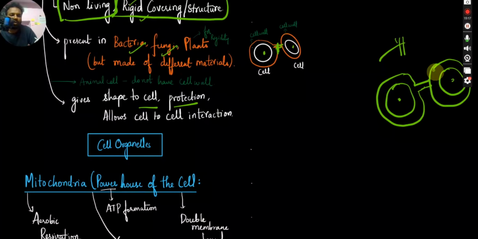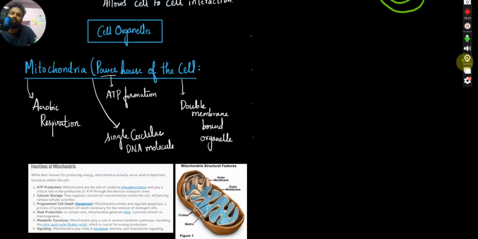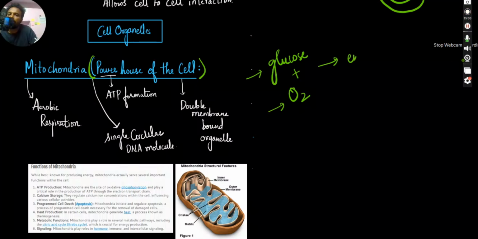Then the next cell organelle which we'll be discussing is mitochondria, which is also called the powerhouse of the cell. We'll be taking in glucose and we'll be inhaling oxygen. With that, what happens? We get some energy, and carbon dioxide is released.